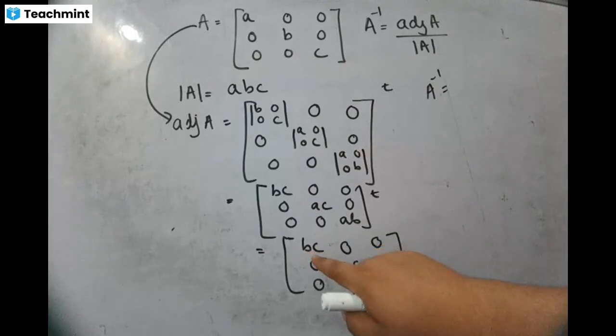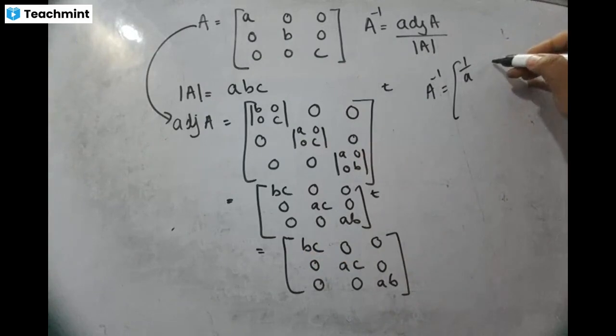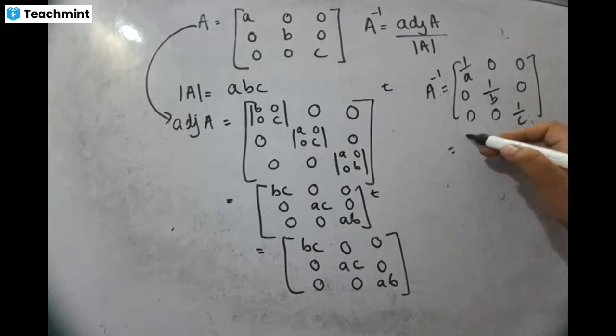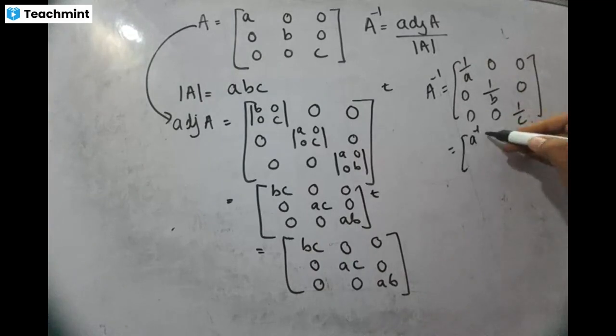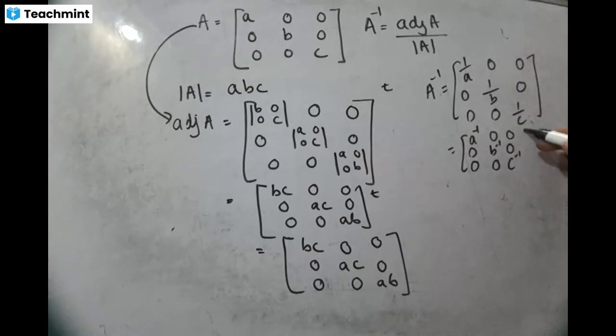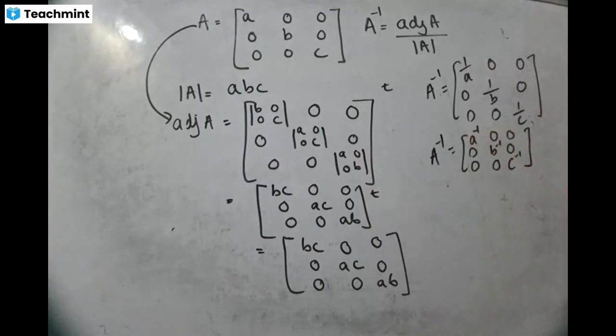BC divided by ABC will be 1 by A, as BC gets cancelled. 0 divided by ABC is 0. 0, 0, 1 by B, 0, 0, 0, 1 by C. So the right answer is A to the power minus 1, 0, 0, 0, B to the power minus 1, 0, 0, 0, C to the power minus 1. So this is the value of A inverse. So the right option that I see out here is option number A.